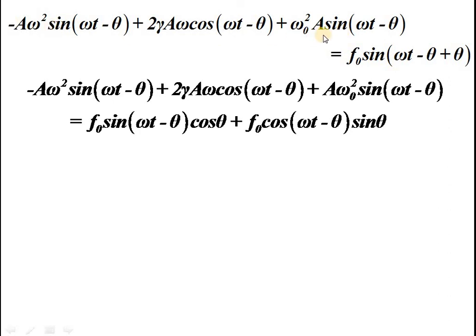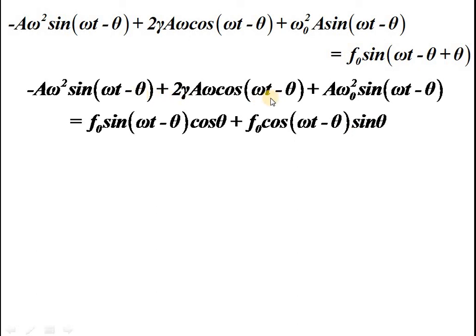The left hand side is the same, nothing varied, all the terms are retained, whereas the right hand side is expanded in the sin(a plus b) form. So we have f0 sin(omega t minus theta) cos theta plus f0 cos(omega t minus theta) sin theta, because of the well-known sin(a plus b) expansion. Now we have some advantage.